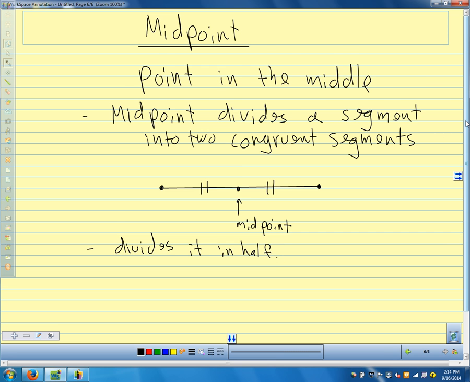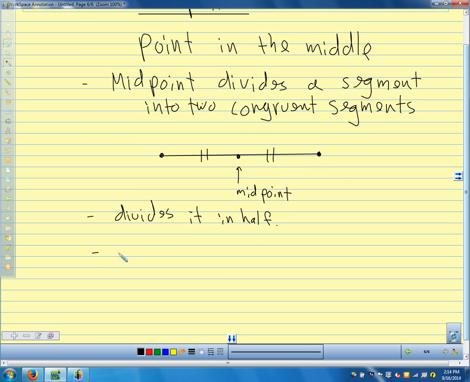We say the segment is bisected. So bisect means to cut in half. The midpoint bisects the segment.